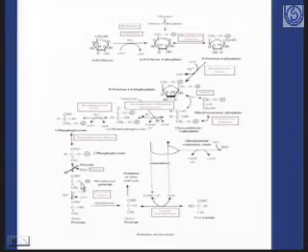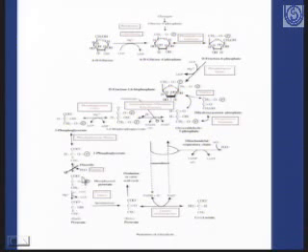A 2-carbon double bonded structure with a hydroxyl group. So can you see, if you look at this diagram, can you see 2 carbons with a double bond and a hydroxyl group? Here, right? And if you look here, you can see a 2-carbon double bonded structure with a hydroxyl group.